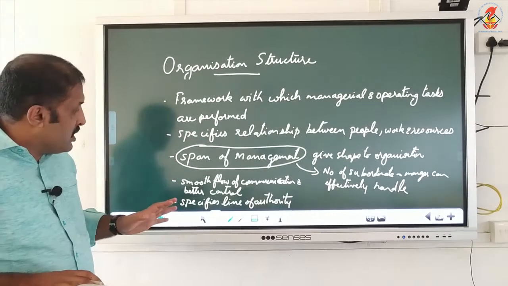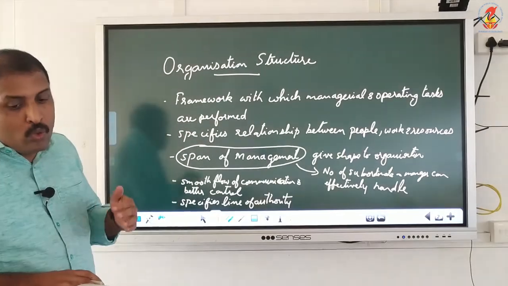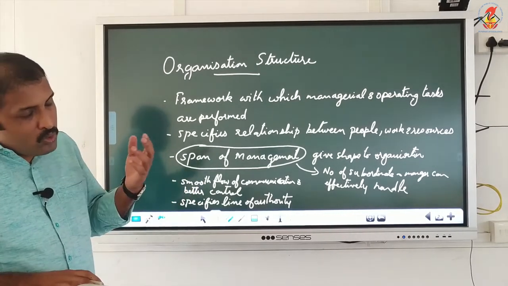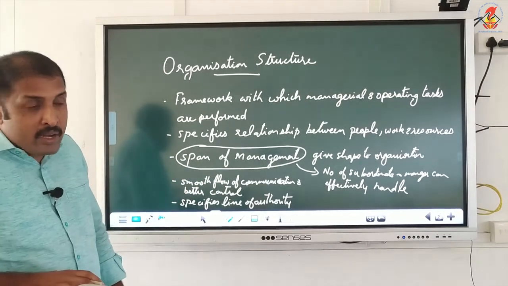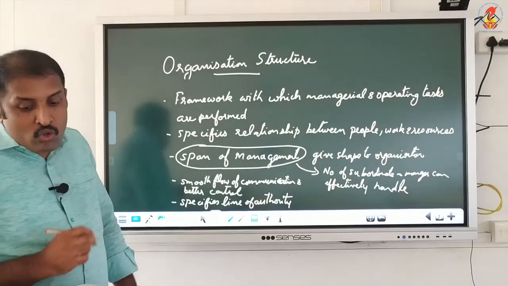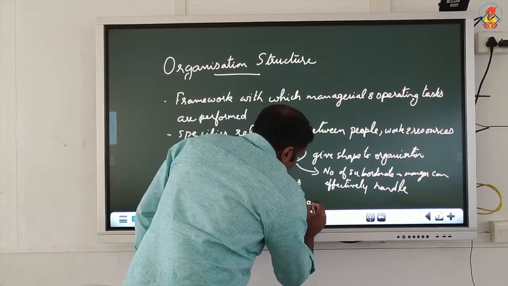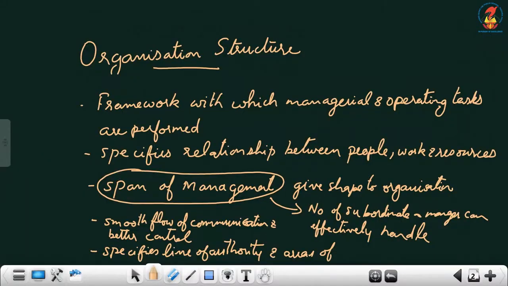That is very clear. It specifies lines of authority, who to whom, and who will be superior to whom. All those things are made clear, and of course, it also clarifies the areas of responsibility.